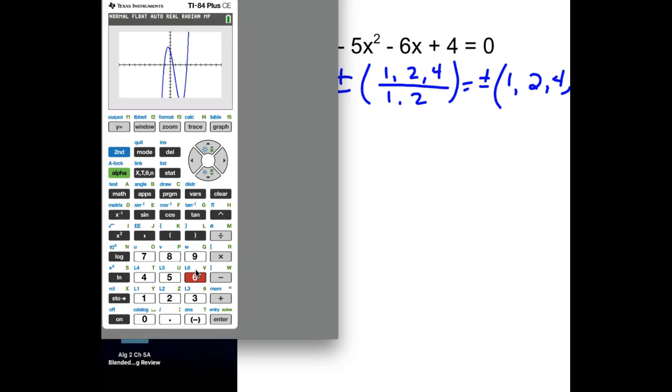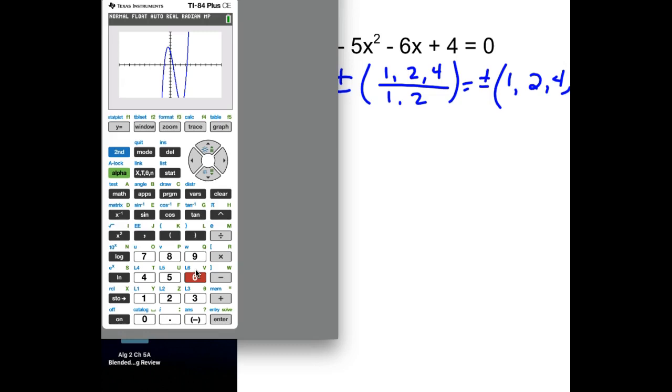And how many zeros am I supposed to be finding? 3. Do I see 3 places where it crosses? Now, if it looks like it's crossing at a point that is not on my list, that means it's not a rational answer. So when I look at this, I see something that's hitting around -1.